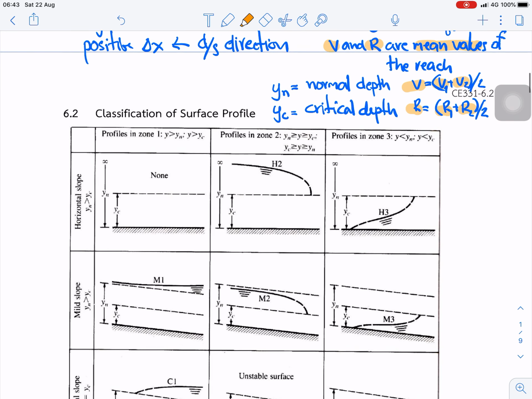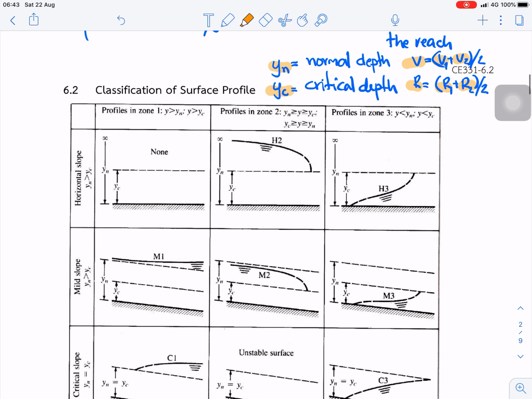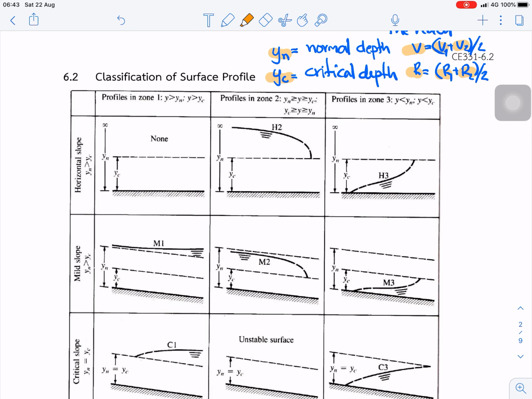And next, in this figure, y1 is the normal depth and yc is the critical depth, and they classify into two matrices. Each column represents zone 1, zone 2, and zone 3. It depends on the range of the depth. For the first zone, the depth of water y is greater than y1 and then yc. Zone 2 is where the depth of water is in between.